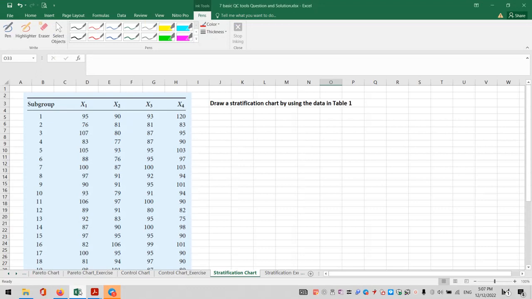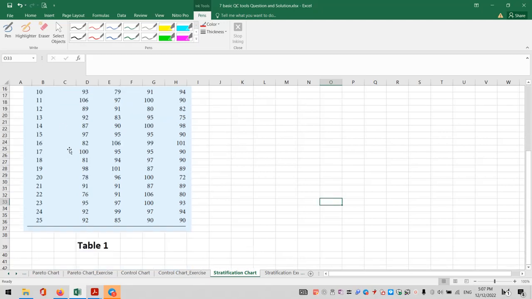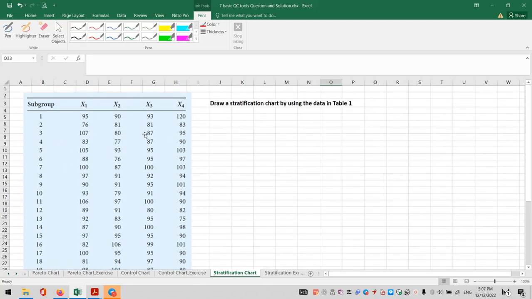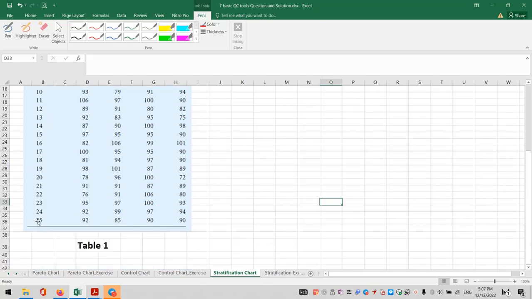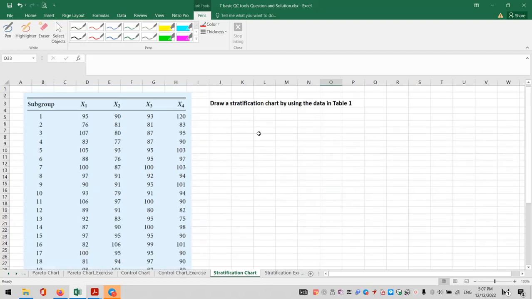Kalau stratification, data dia macam banyak, dia classify tau. Dia classify into banyak group. Sebab kita nak tengok trend setiap group lah. Macam ni kita ada group kan. Group X1, X2, X3, X4 kan. Contohnya macam tu lah. Yang ni kita ada bilangan sampel, the number of sample. Contoh kita kata 25 sampel kan. Katalah saya buat macam ni.